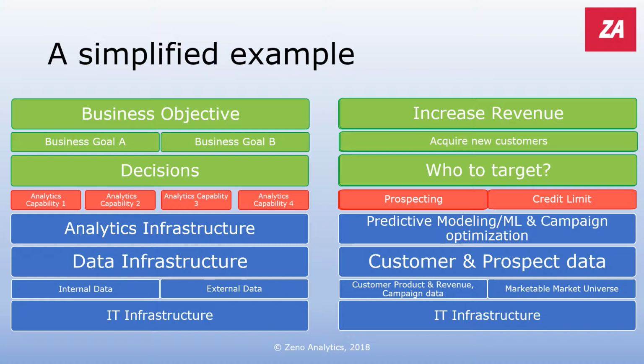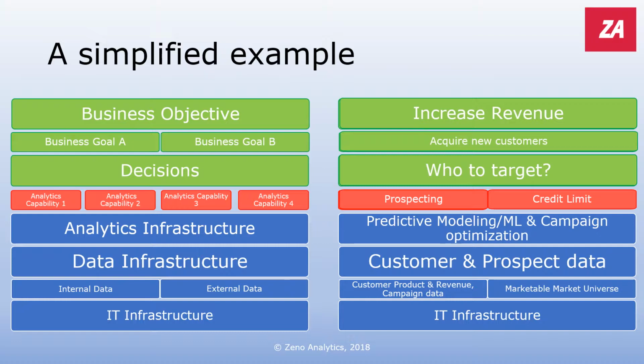To do that, you might need the analytic capabilities on prospecting and credit limit modeling. So prospecting to find the right targets, and credit limit modeling to determine how much you can actually sell to them. To achieve that, you might use predictive modeling, machine learning, and campaign optimization to find the right targets.